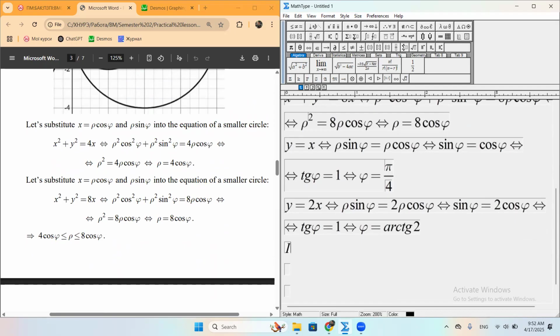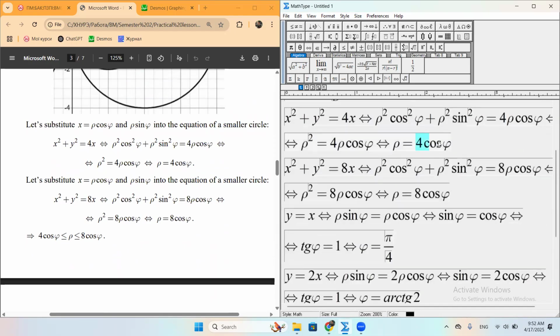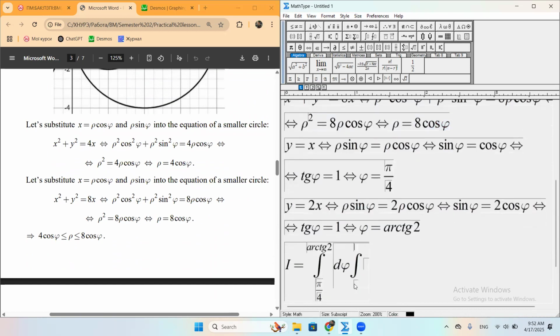So let's rewrite the integral. It will be the following. From pi over 4 to arctangent of 2, so phi changes, and rho changes from 4 cosine of phi to 8 cosine of phi.